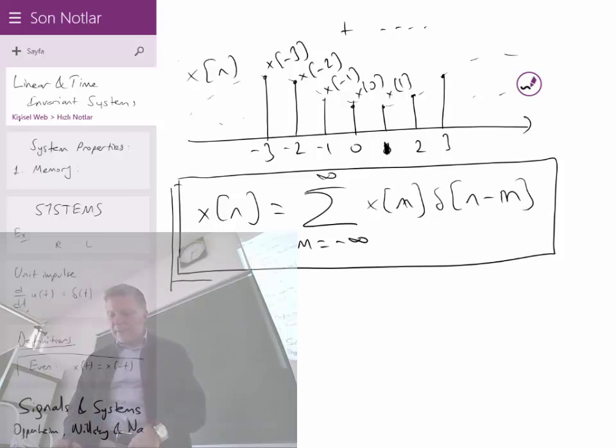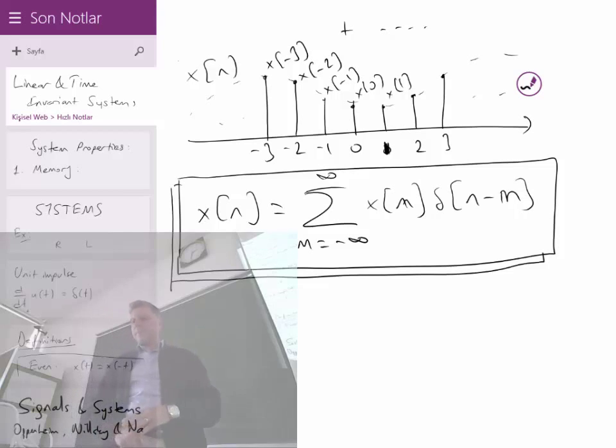It's a very, very important one. You have to remember. If you're uncomfortable with the formula, if you cannot really derive it, then it's better that you memorize it. This is something that you need to memorize. This is the formula to represent your signal in terms of impulses.